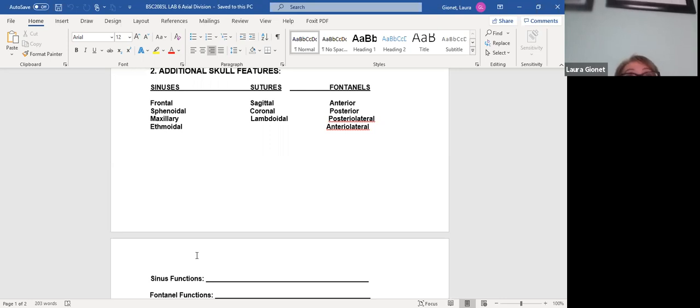in the air. It helps to lighten the skull so it's not a solid mass of bone. And this will come back in the respiratory system, is that it adds or contributes to voice resonance. Like me right now, I kind of sound a little nasally because I'm a little congested. And when you have congestion in these sinus cavities, air doesn't circulate through them quite the same way.